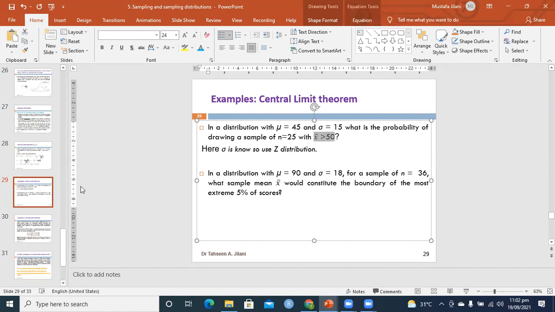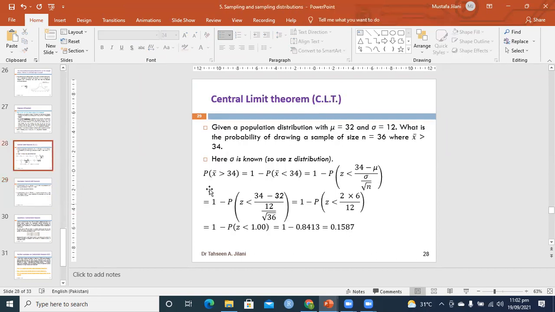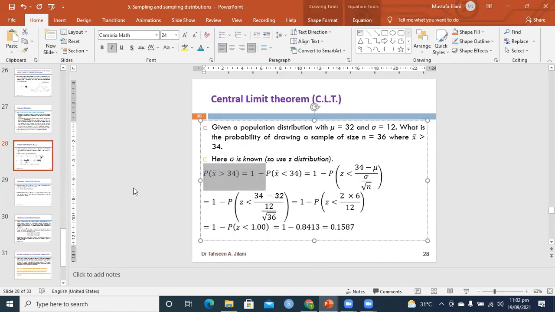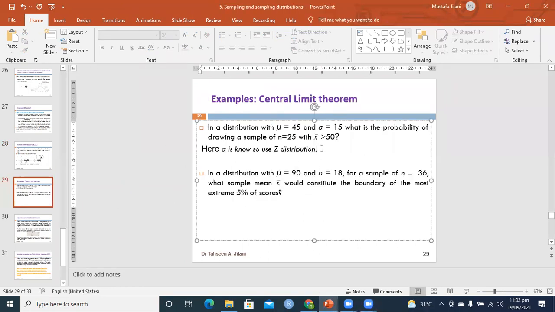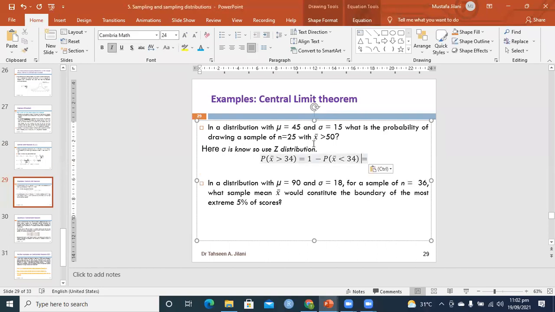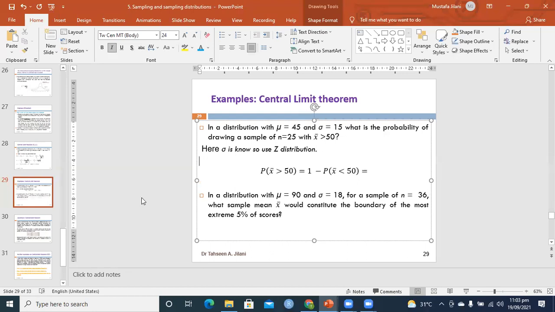That means we want to draw a sample which has a mean value greater than 50. So we have to do the same steps, but the only thing I need to change is the value here. So I will have 50 because it is asking for more than 50. You have to repeat the same steps, but using 50. And similarly, if you have attended the last lecture, they are the same thing.